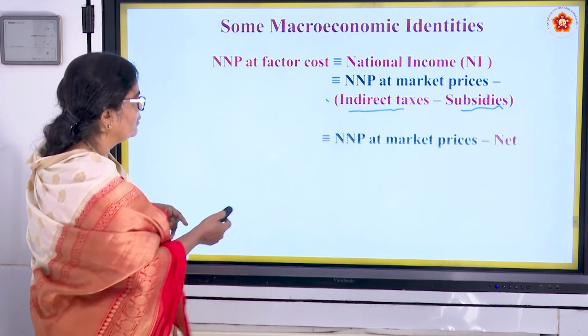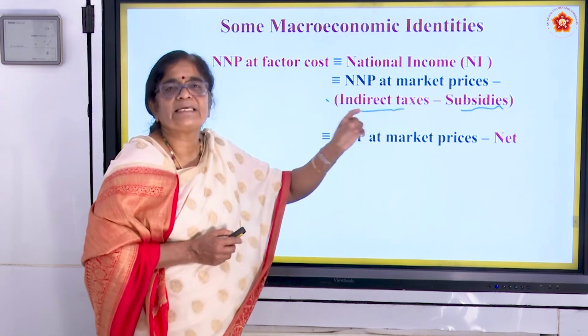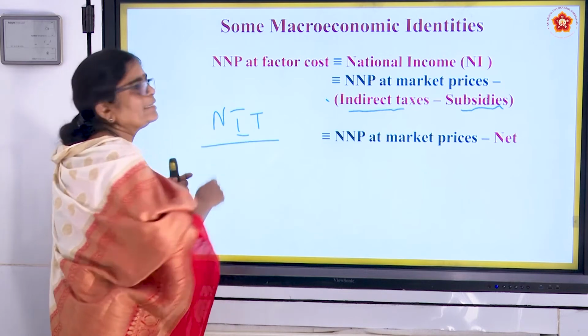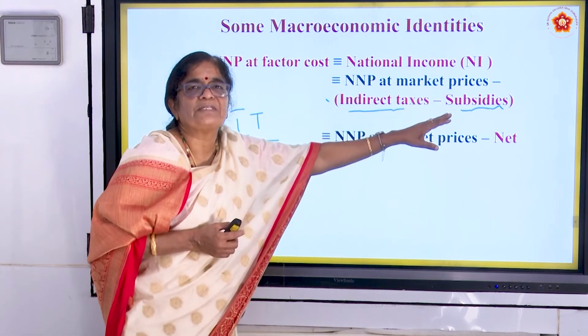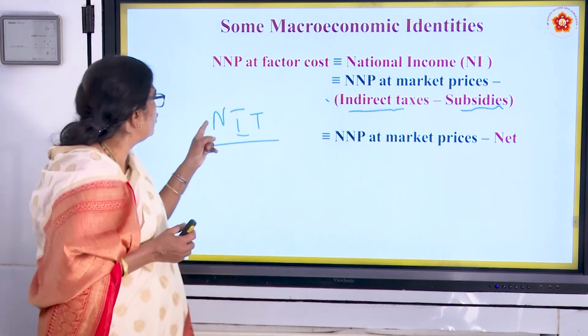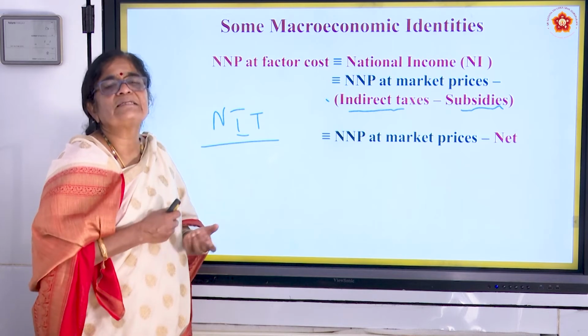Therefore, NNP at market price, this indirect tax minus subsidy can be denoted by NIT, net indirect tax. Net indirect tax is nothing but indirect tax minus subsidy. When you subtract subsidy from indirect tax, it is called net indirect tax. I told you, if you are finding any net, you are subtracting something.